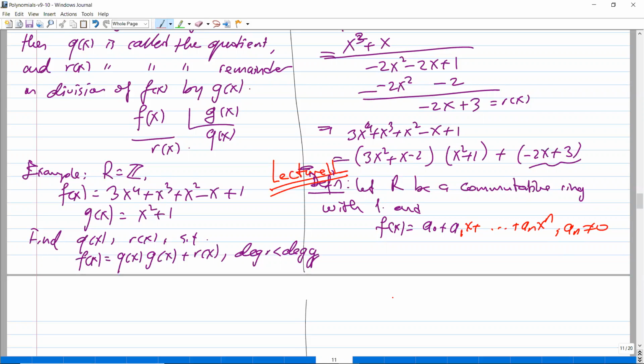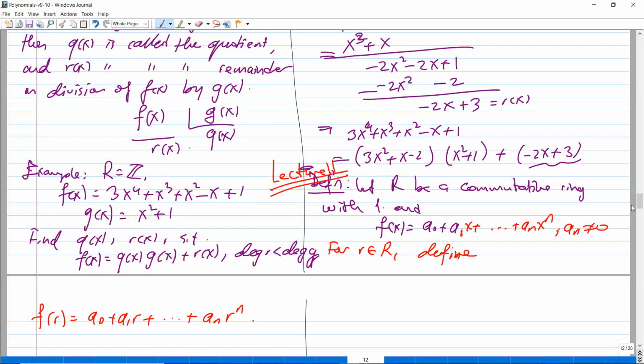And for r in R, we define f of r to be, so we just replace x by r, so it is a0 + a1 r + ... + an r to the n.